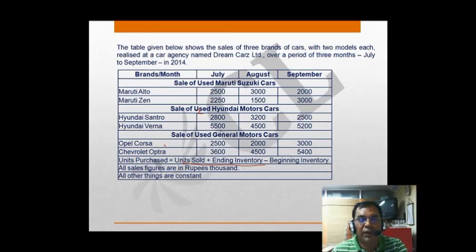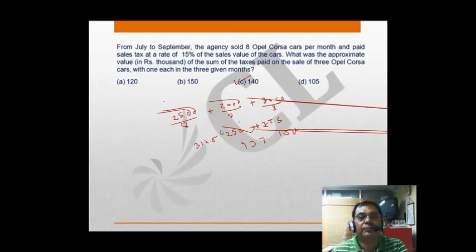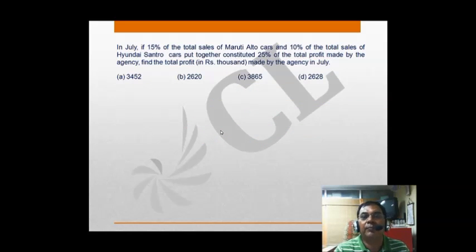So therefore we come to, so there it was 450 plus 320, so that makes it 770, but the issue is cars put together.